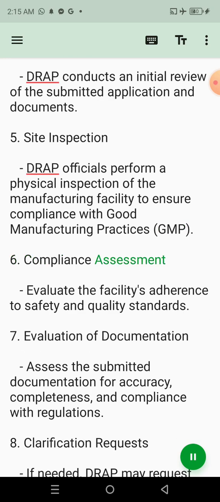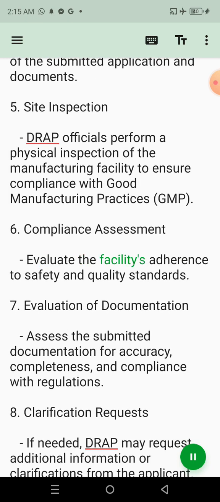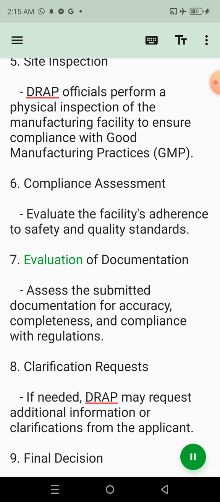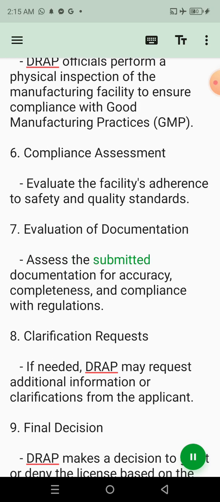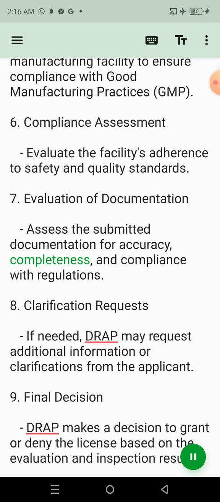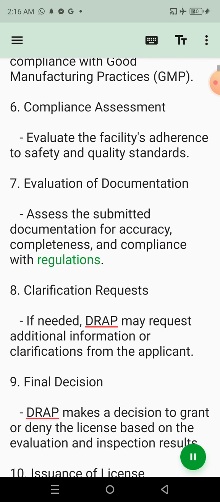Compliance assessment. Evaluate the facility's adherence to safety and quality standards. 7. Evaluation of documentation. Assess the submitted documentation for accuracy, completeness, and compliance with regulations.